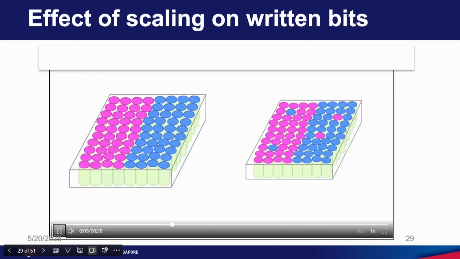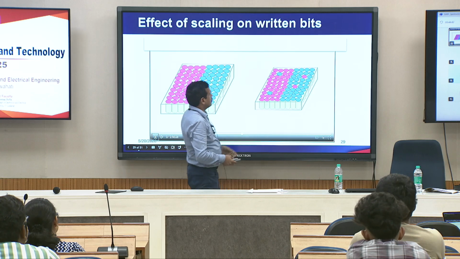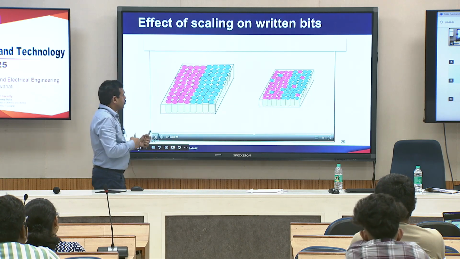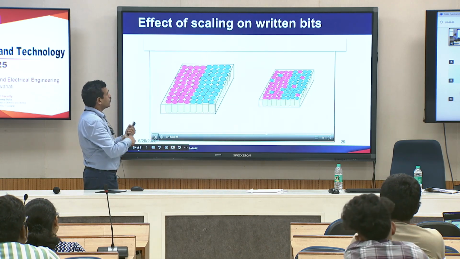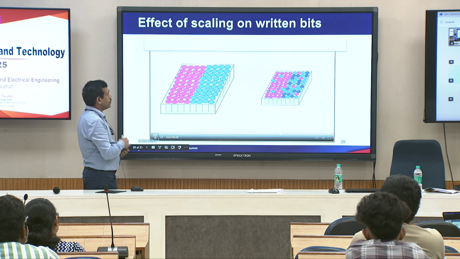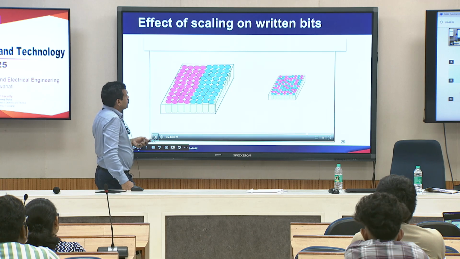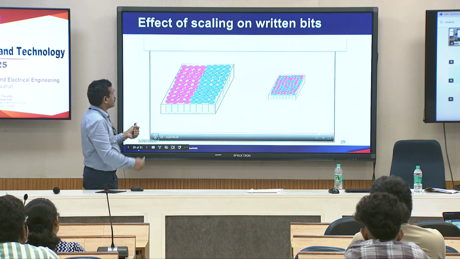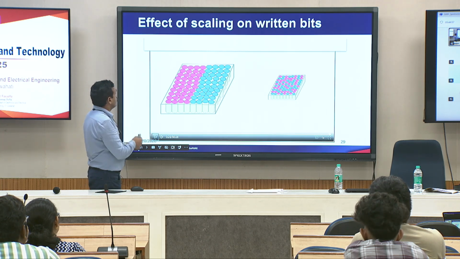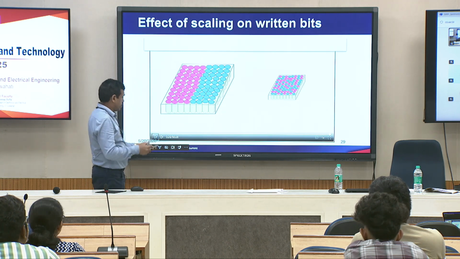As a result, this magnetization is not maintained. You can see some grains are flipping. So, if you make them smaller and smaller, more grains flip their magnetization because of the competition between thermal energy and anisotropy energy. So, there is a limit to making the grain diameter or the thickness too small.